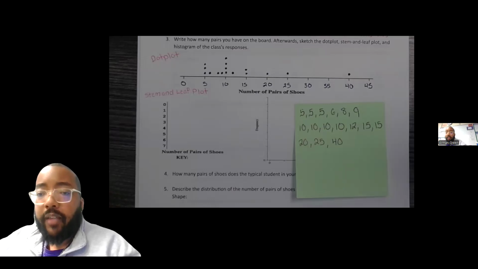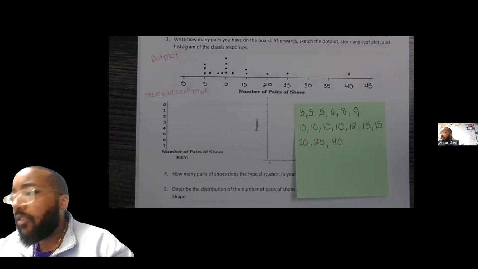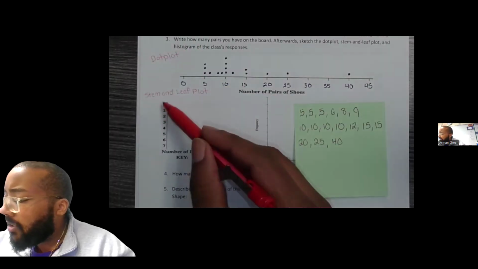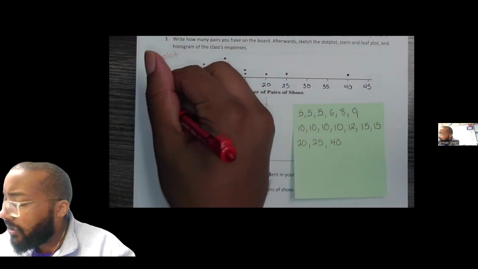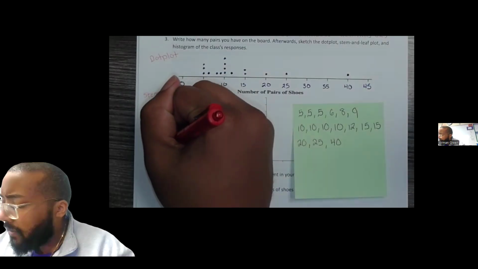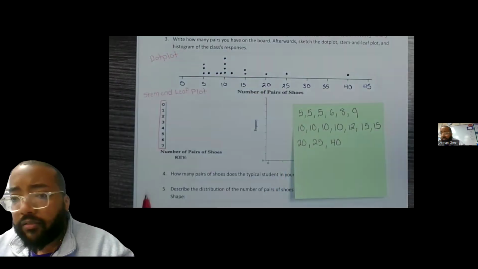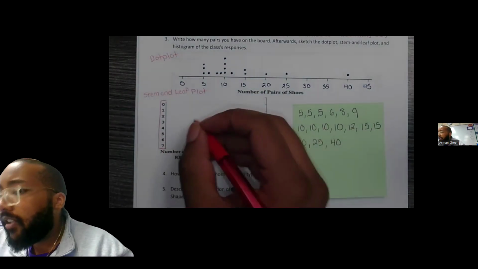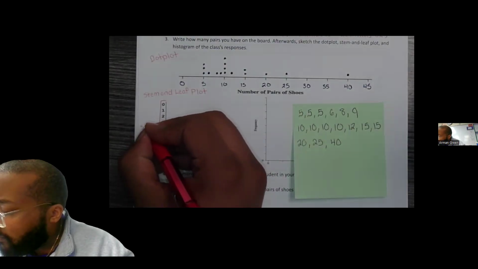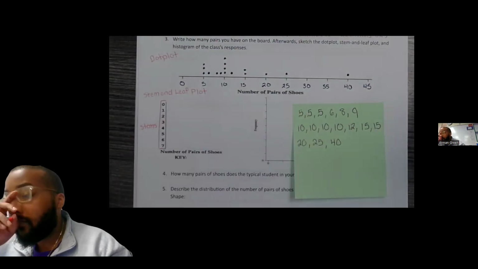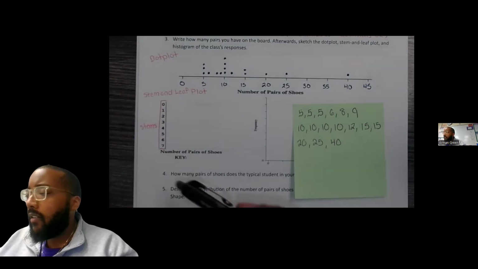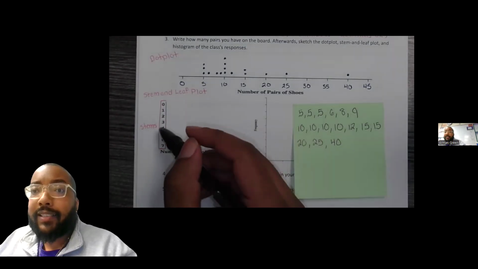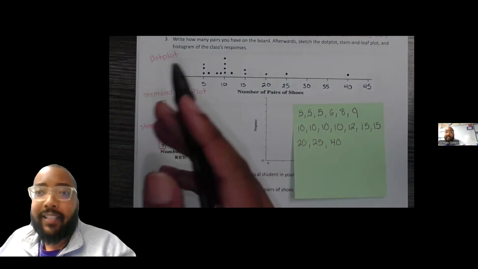Okay, so how this works is that these numbers here on the left of this vertical line, these numbers here, these are what we call stems. Think of these as like the tens digit.